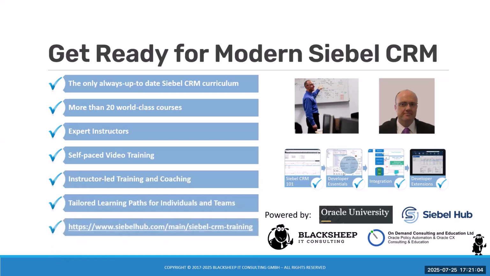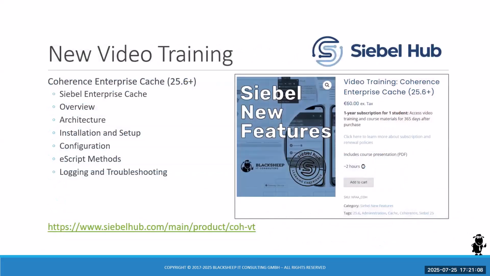And there is something new that we put out here, of course, because Oracle builds new features, so we are building new training. The latest training that we built is the Coherence Enterprise Cache, another major feature, delivered in 25.6 as an optional feature.